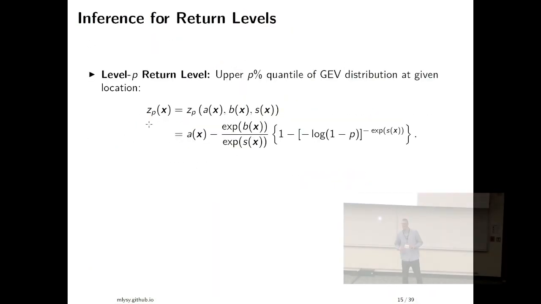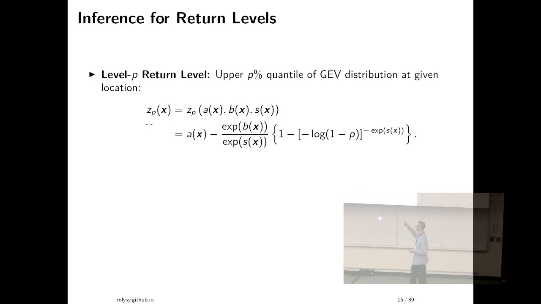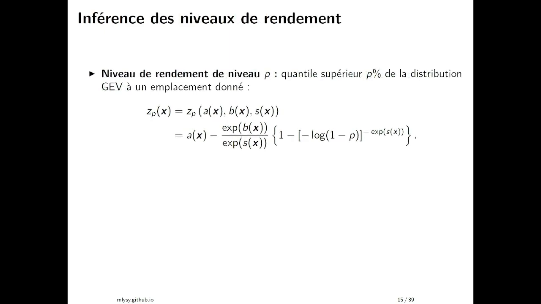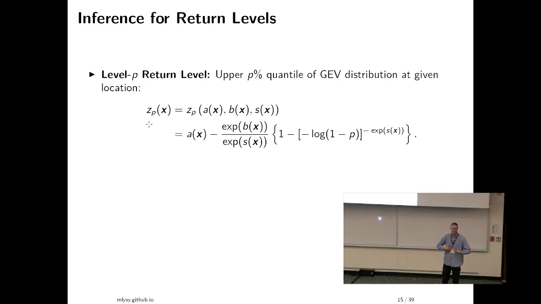Return level. This was actually our main quantity of interest. The idea here is we're interested in the upper quantiles of the underlying GEV distribution at every location. The way to think about this is the 10-year return level, roughly translated, is the value that you would expect to get once every 10 years on expectation. That's how long it takes to get that.